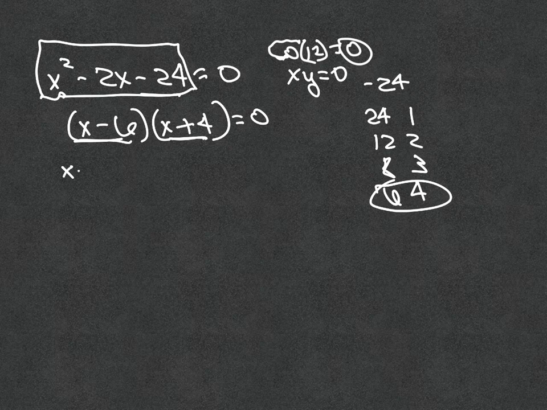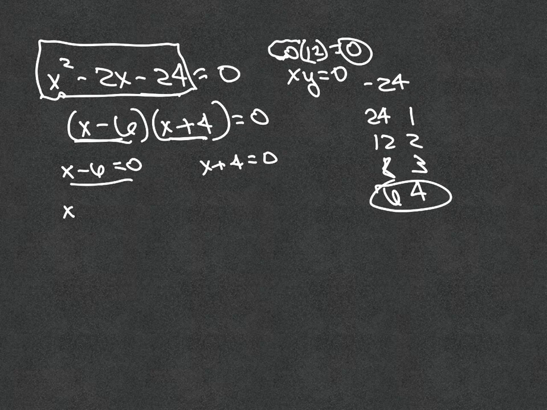So either x minus 6 equals 0, or x plus 4 equals 0. One of those has to be true, because when we multiply this times this, we have to get 0. So one of these parentheses has to give me 0, so that when I multiply it by the other, I get 0. So what does this have to be to make it 0?